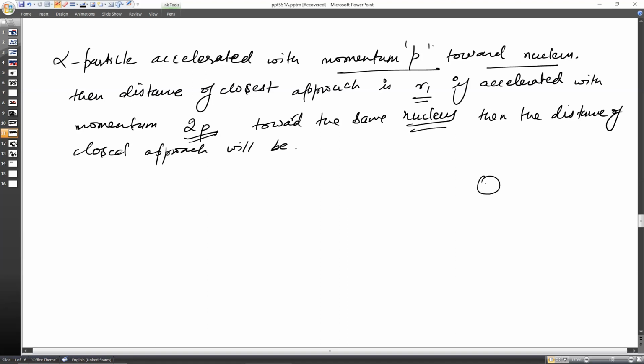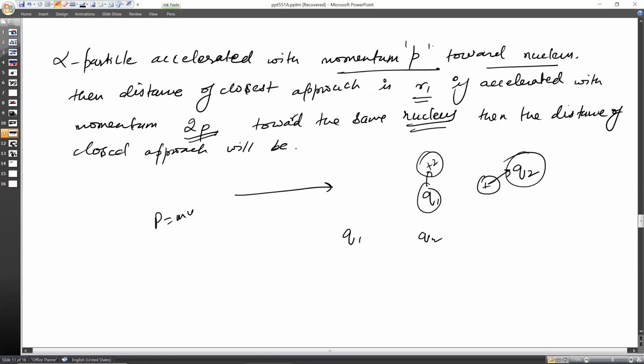Whatever the charge of the nucleus is, q2 is constant, and q1, the alpha particle's charge, is +2, also constant. So q1 and q2 are constant, and the mass is also constant. Only the velocity changes, because momentum p is equal to m into v, and the alpha particle's mass is not going to change.